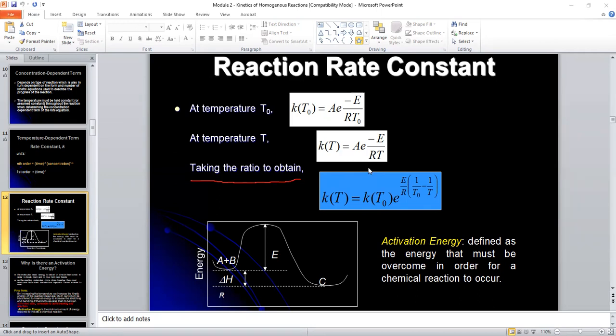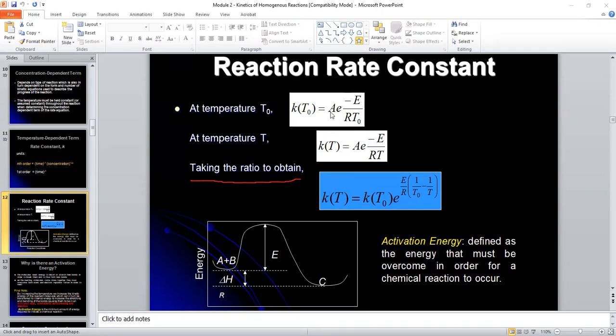Now you can see if it took the ratio of these two, with this one on top and this one below, you will have K sub T over K sub T sub O on the left side. It's equal to AE raised to negative E over RT divided by AE raised to negative E over RTO.